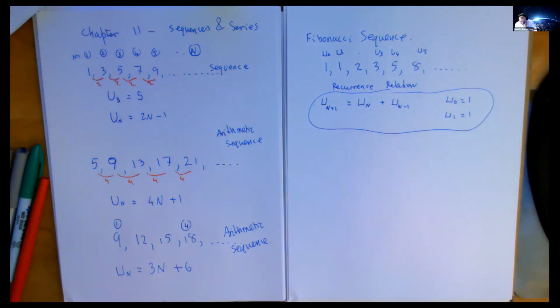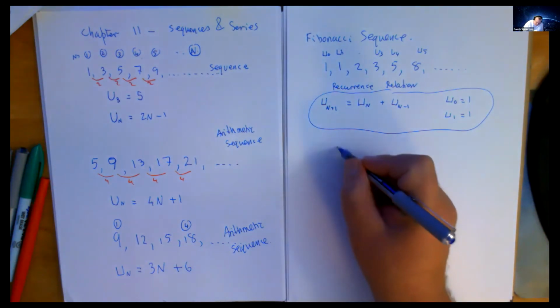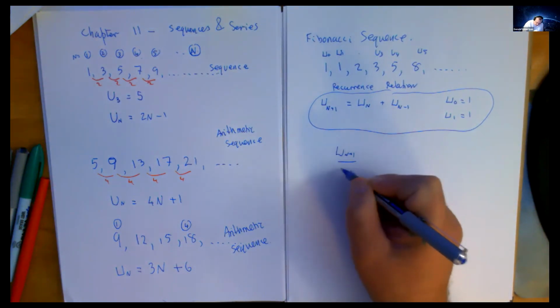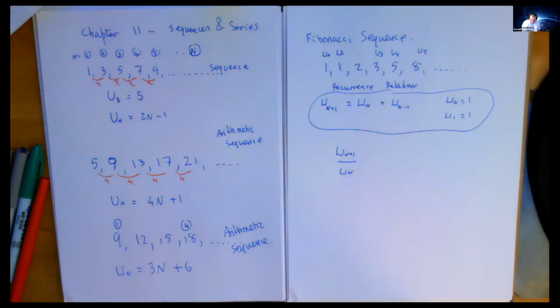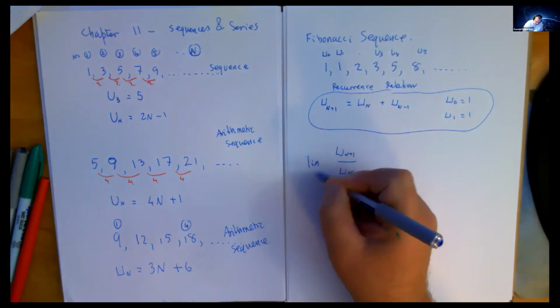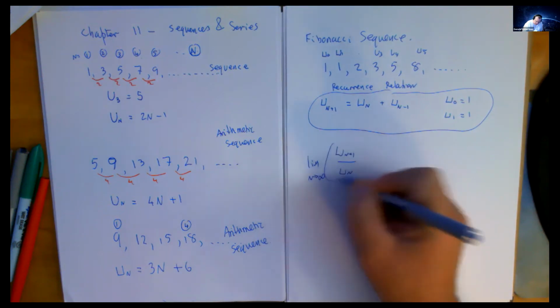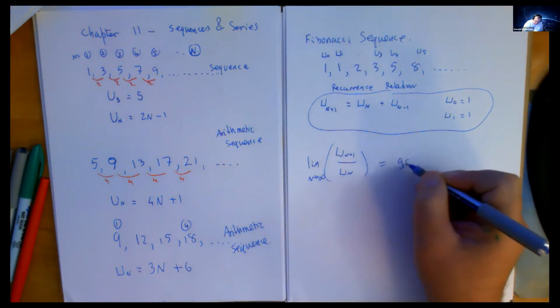A Fibonacci sequence has some weird properties. Do you know if you take two consecutive numbers in a Fibonacci sequence and you divide this one by that one, that the limit as n tends to infinity is the golden ratio?